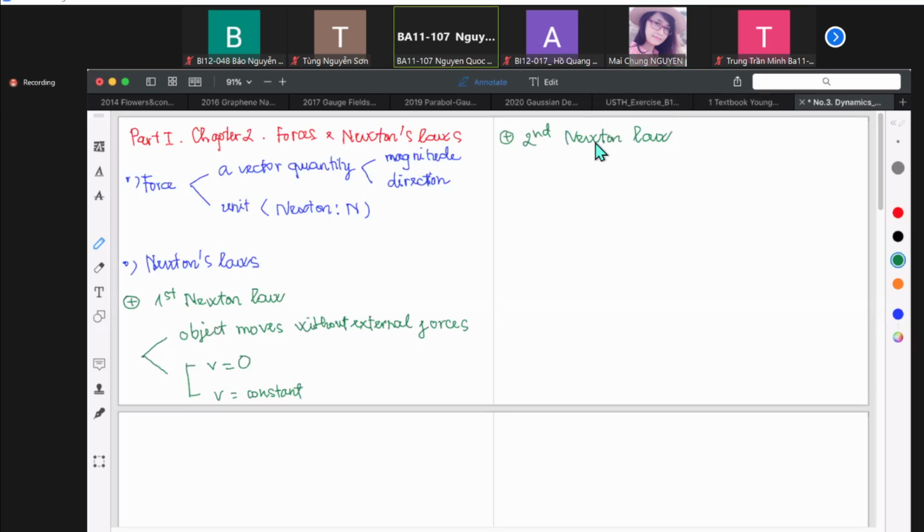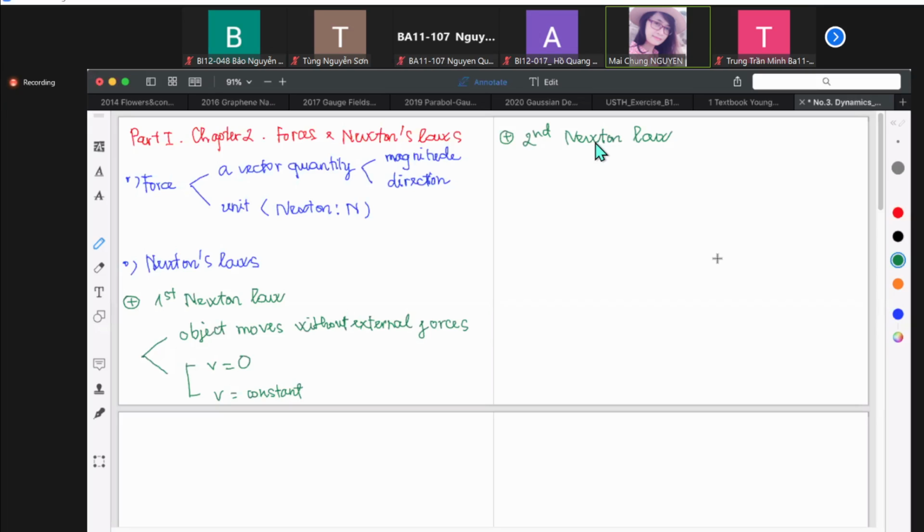The Newton's second law states that the net force on a body with mass is related to the body's acceleration by the formula F net equals mass multiplied by acceleration, and you have to write it as a vector equation. Yes, I agree with you.